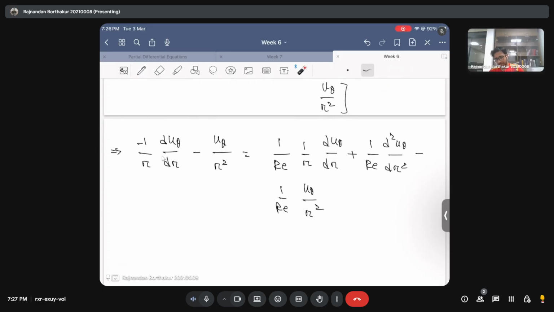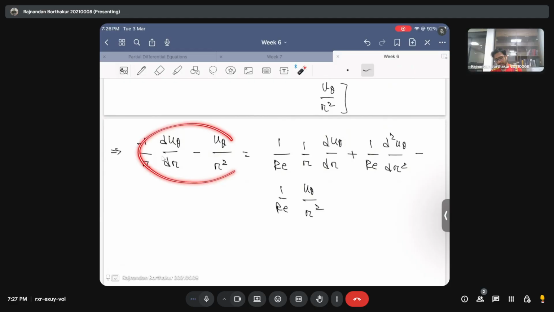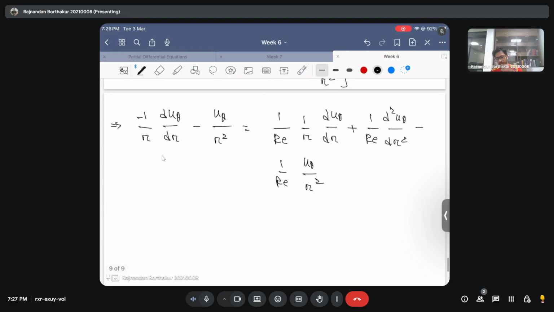So now I believe you can see that we have a term which is second derivative in u theta, a term which is first derivative in u theta, which is basically these two terms, and then a term which just involves u theta. So what I'll do is I'll pick these terms here and just segregate the different orders of derivatives of u theta, and let's see what we'll get.